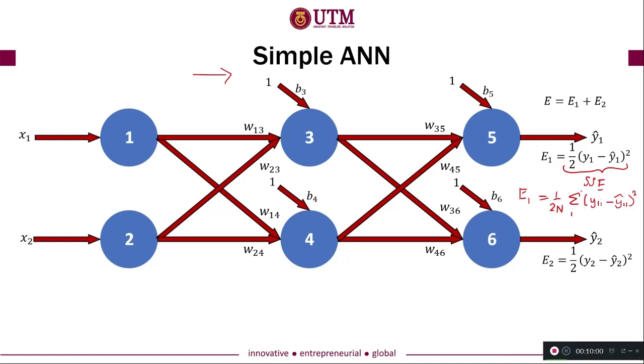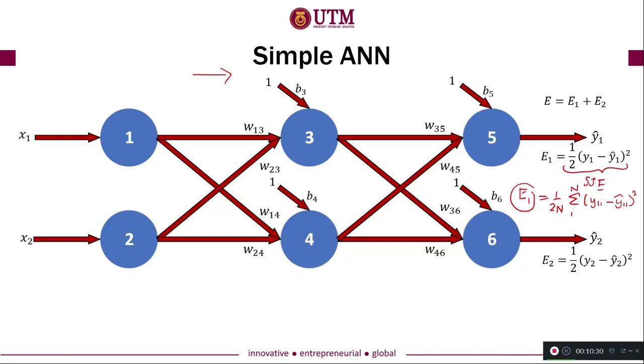So for MSE, to find the error you need to test on a bunch of data from your training data set, because this i varies according to how many samples are in your data set. Let's say your data set has 100 samples, so n equals 100. You need to compute 100 times before you can compute your E1.